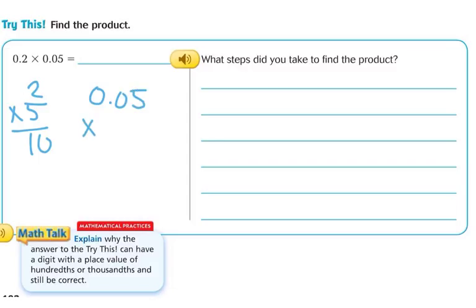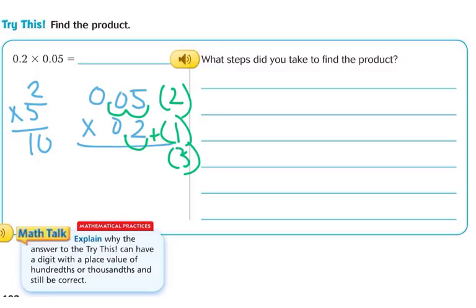So boys and girls, we see that there are 2 decimal places in the first factor, 1 decimal place in the second factor. If we add that up, we know that we need to move 3 decimal places. So what I'm going to write down is my 10 that I have for my product, and I'm going to move my 3 decimal places, boys and girls, from the back of my number to the front. 1, 2, and 3.